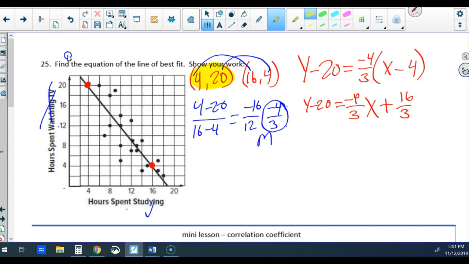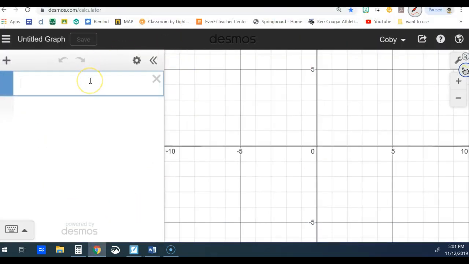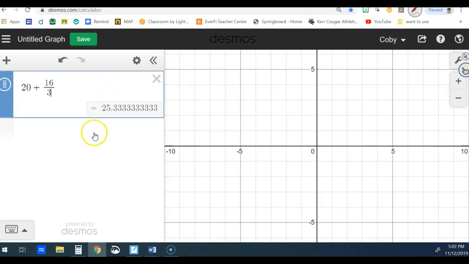It would be okay to convert this to a decimal if you wanted to, especially since now we're adding 20 to it. y equals negative 4/3 x plus 20 plus 16/3. What is that? 20 plus 16/3 is 25.3.